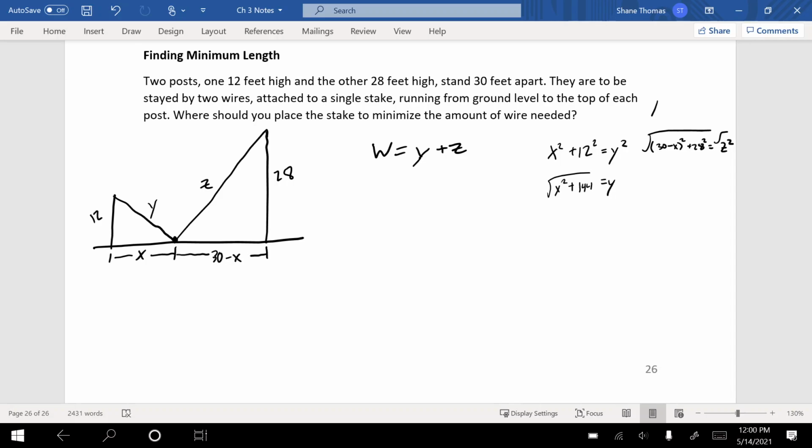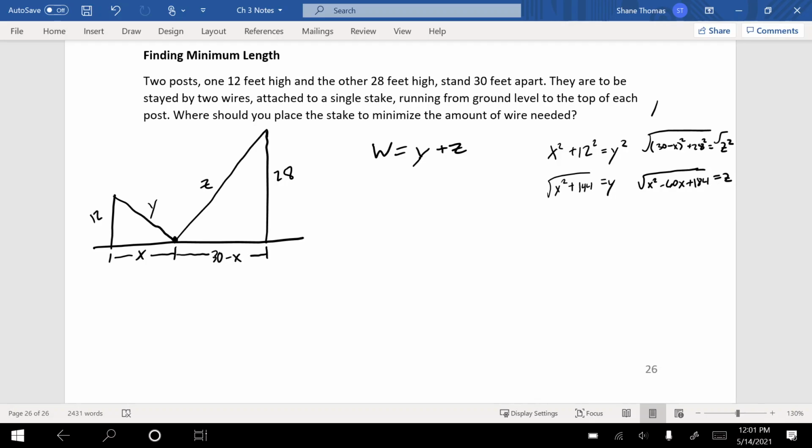I can expand that and 28 squared. That's going to simplify, for the sake of time, to this: x squared minus 60x plus 1684, and that's equal to z. All I did there was square the (30 minus x) quantity, square the 28, and then combine like terms. Okay?